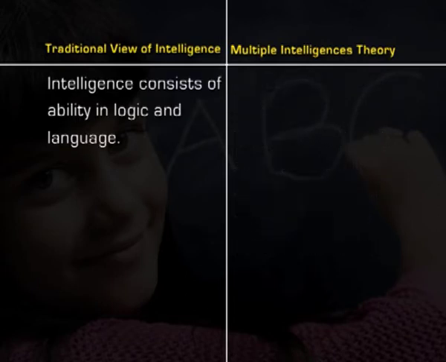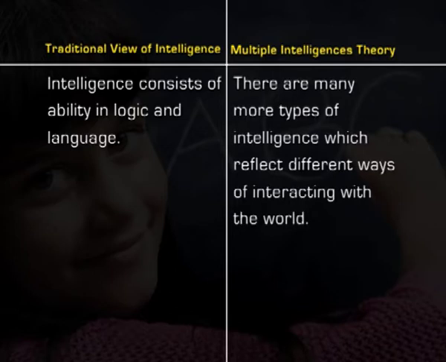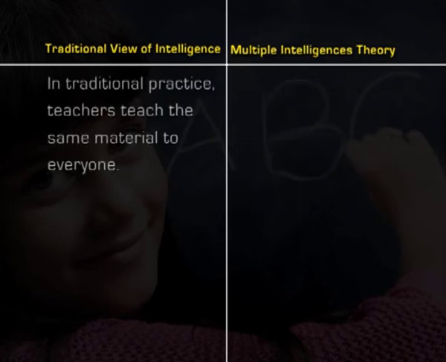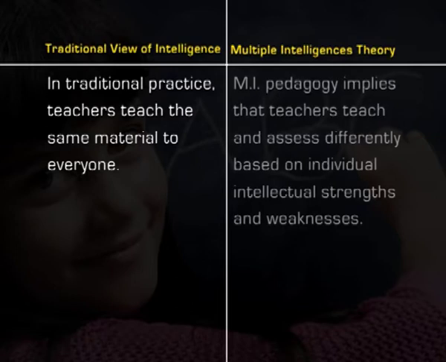Traditional view: intelligence consists of ability in logic and language. MI theory: there are many more types of intelligence which reflect different ways of interacting with the world. In traditional practice, teachers teach the same material to everyone. In MI pedagogy, the implication is that teachers teach and assess differently based on individual intellectual strengths and weaknesses.